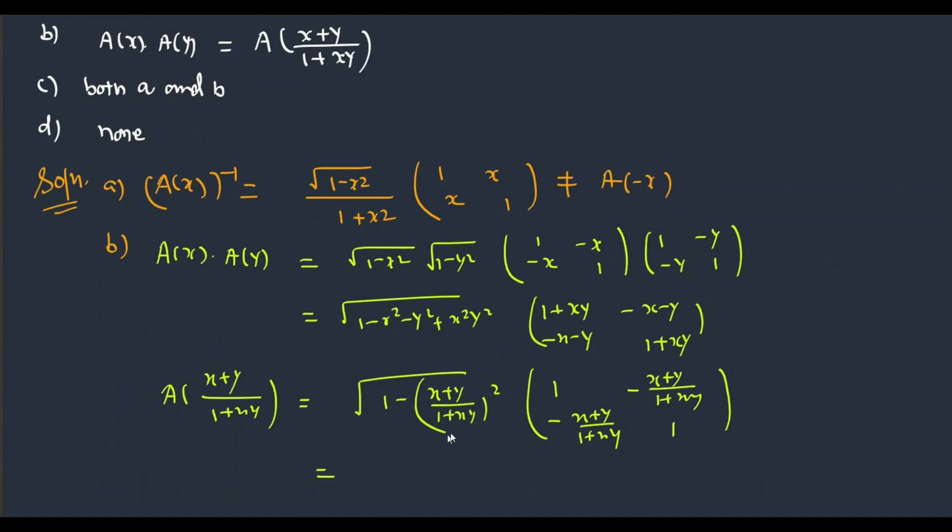If you simplify, it will be 1 plus xy whole square, so 1 plus xy square, then you have 2xy. If you break up x plus y whole square, it is x square plus y square plus 2xy, divided by 1 plus xy whole square, square root is there, so into 1 plus xy.